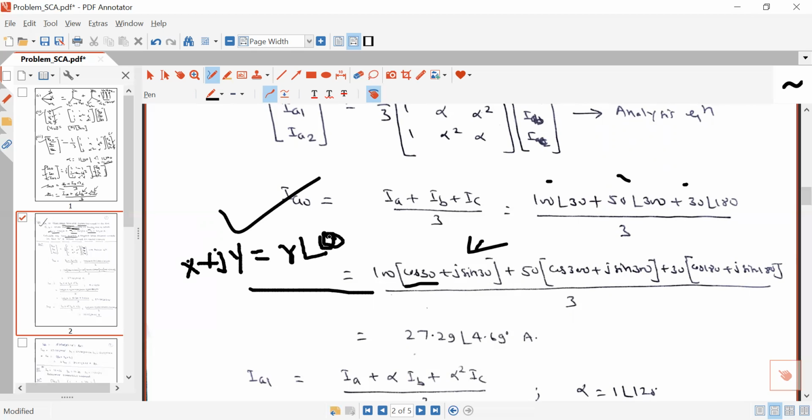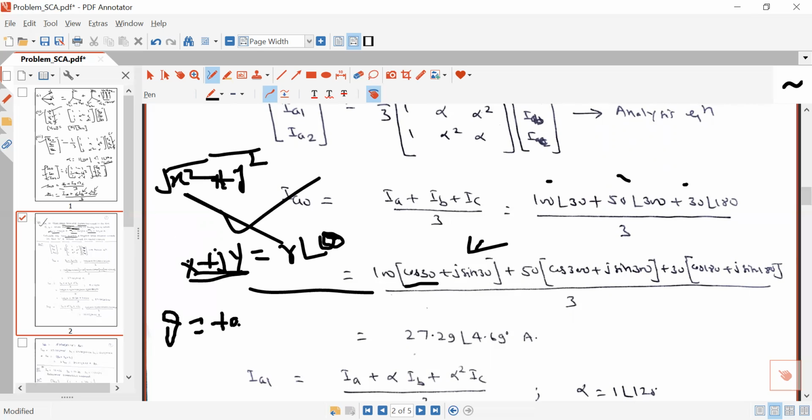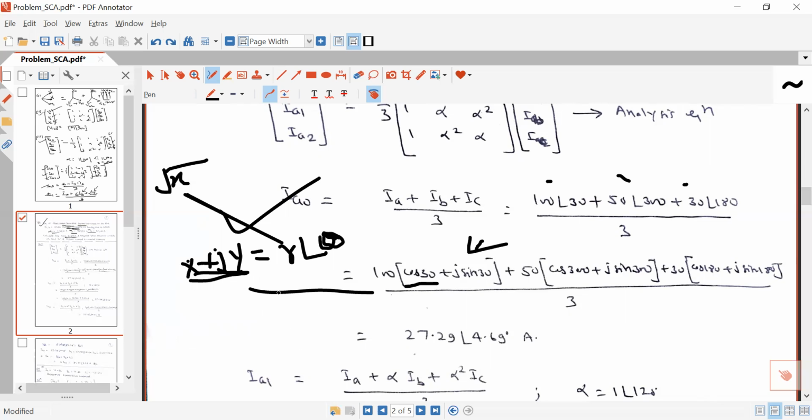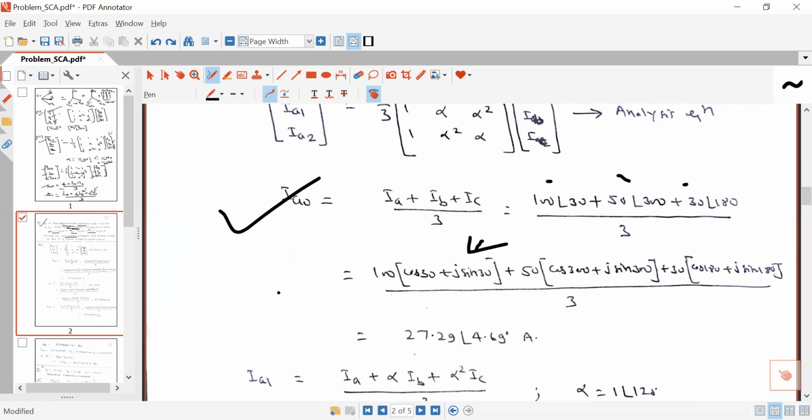Here r will be the magnitude, r will be under root x square plus y square, and theta will be tan inverse y by x. So you already know how to convert rectangular form into polar form. It is not a big task. You just practice how to solve complex expressions. When you get the value of the numerator in rectangular form, then you can convert it into polar form.